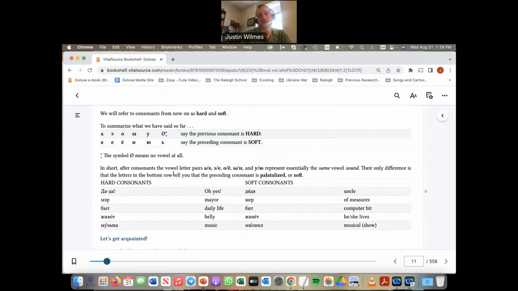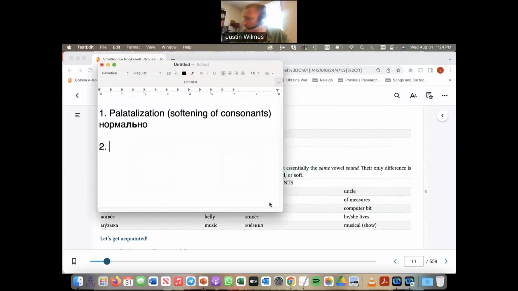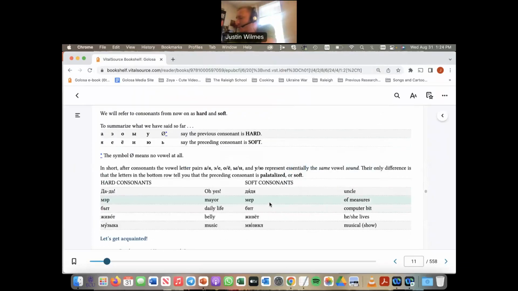in Russian. I want you to be aware of this, what's written here on the bottom of page 11 and 12, about how these vowels affect things.